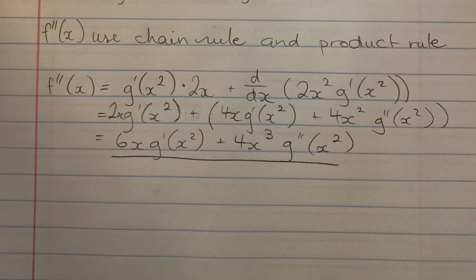So now we just go back to our f double prime of x, and we plug in the derivative that we just found, the derivative of h of x, as I showed, and we just add those together and simplify it to get our final answer of f double prime of x, which is 6x g prime of x squared plus 4x cubed g double prime of x squared.